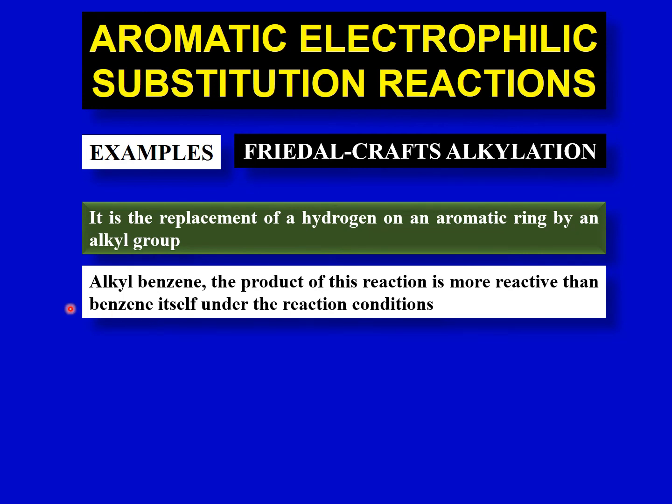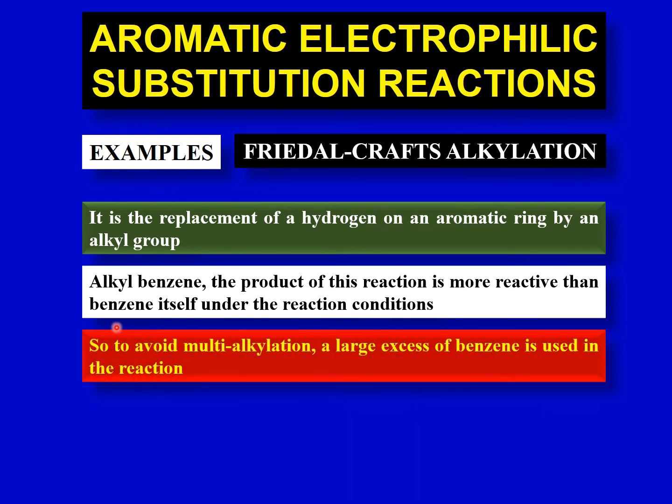So what can happen as a result of this alkylation reaction is that we have a more reactive product than the reactant itself, which can react further and give polyalkylated benzenes. To avoid this multi-alkylation, benzene is used in large excess so that the aluminium chloride or the alkyl halide that is present can react with benzene rather than with alkyl benzene.